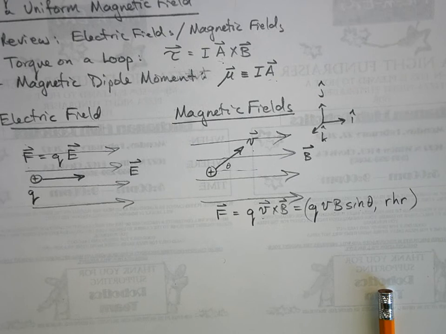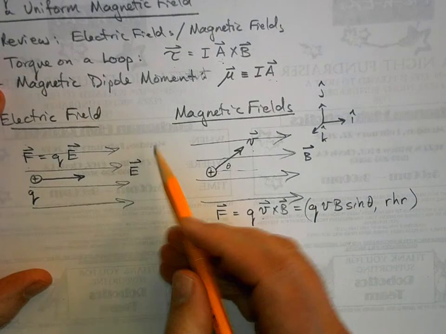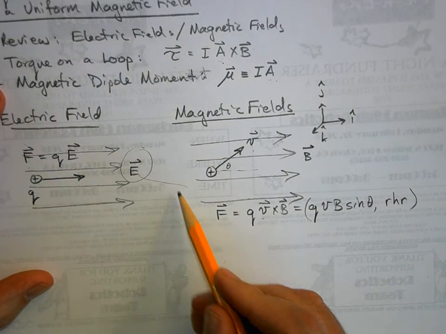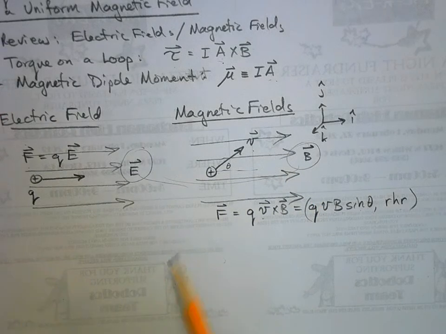They're just a region of space where if a charged particle is moving, it'll feel a force that obeys this equation. Now, there is a connection between electric fields and magnetic fields. And that's why we call it the electromagnetic field. And that will come later in your physics education.